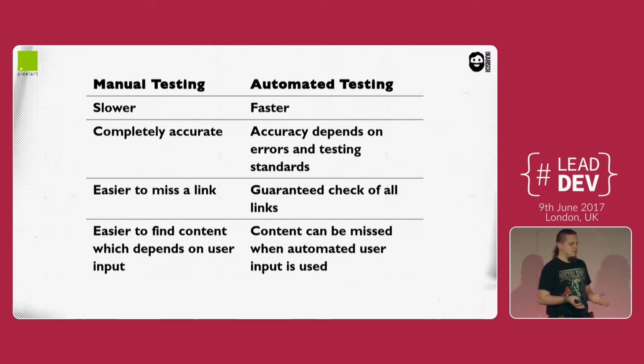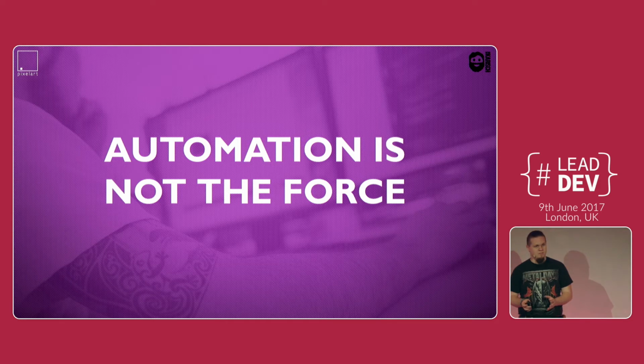And with manual testing, again, it's easier to find content which depends on user input, like a complex form or a complex checkout step. And in automated testing, content can be missed when automated user input is used, which means you have user input for a complex form which tackles only one case and not another case because it's a multi-step form.